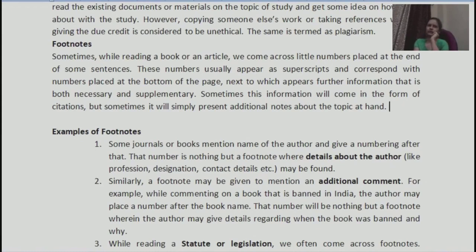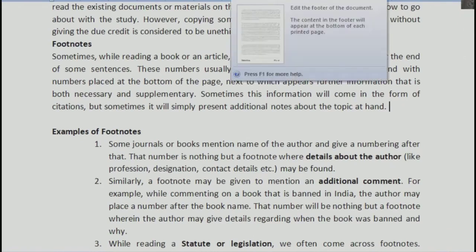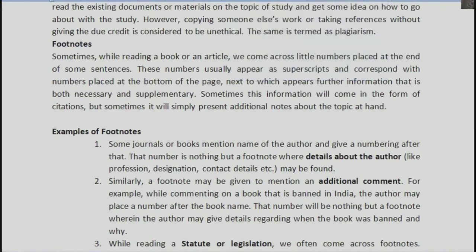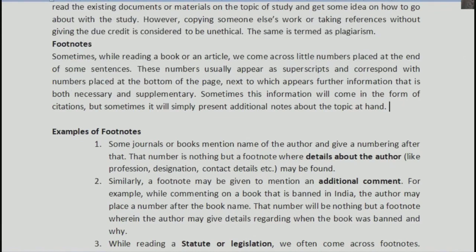So here I can put a citation. I would just go to Insert and then I can put a footnote, right? If I have taken this particular paragraph from some book, I can add a footnote. I think in References we have it. So there we can add it like a footnote. See, Insert Citation. Similarly, we have footnotes also. Insert Footnote.